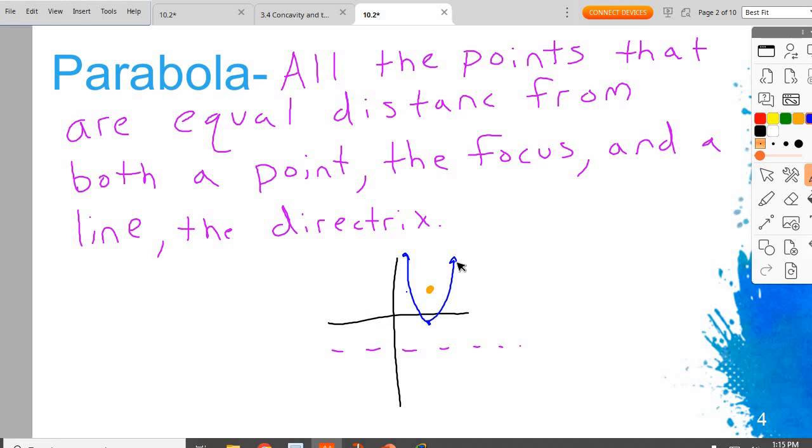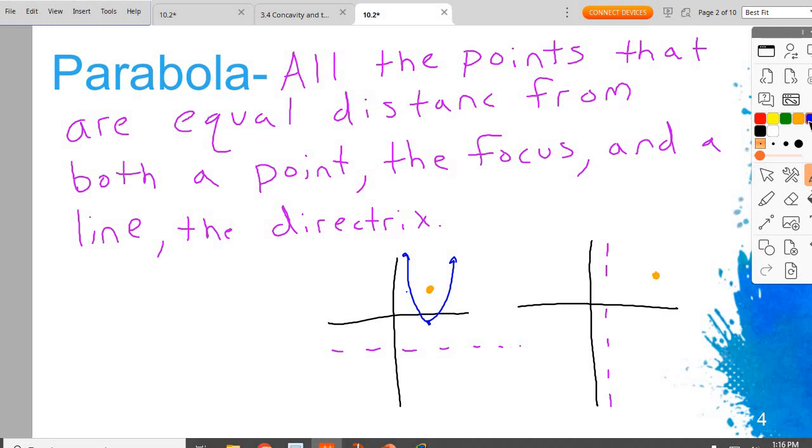Now, if my focus is below my directrix, then my parabola will point down. And we've looked at up and down parabolas before, but now we can also get left and right parabolas.